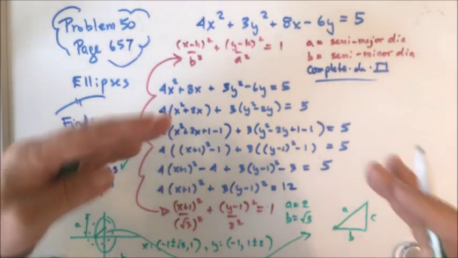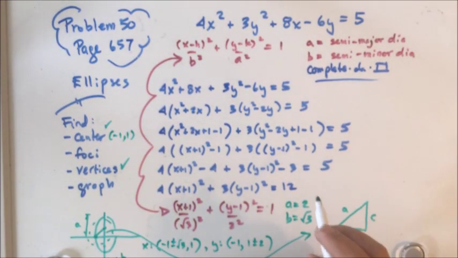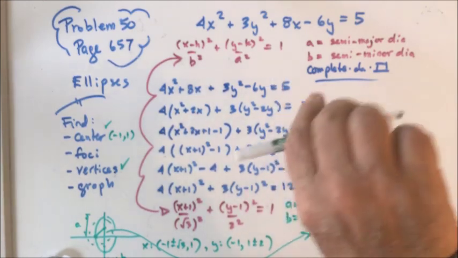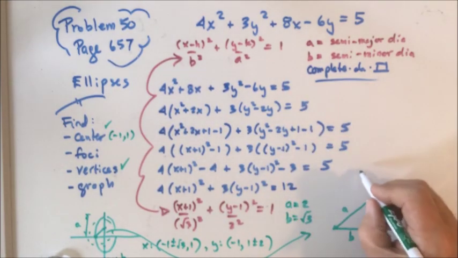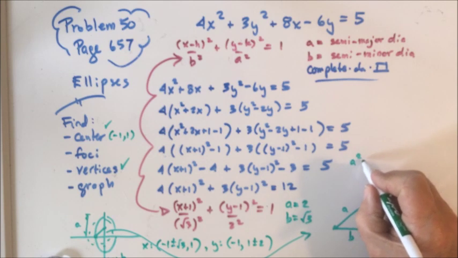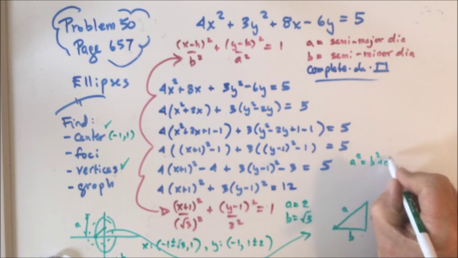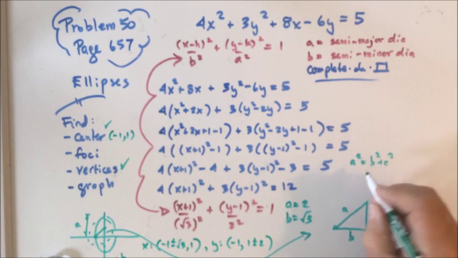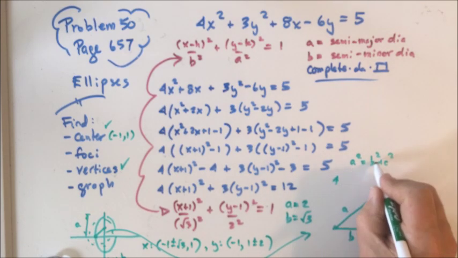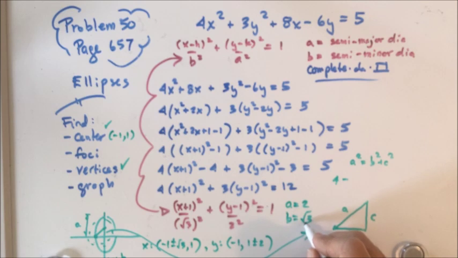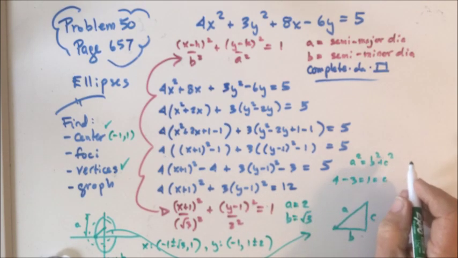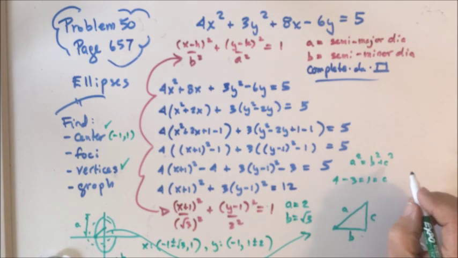So if you do these machinations, you will always end up, meaning for both orientations, football up, football on its side, with A squared equal to B squared plus C squared, right? So if you put these numbers in, you've got 2 squared is 4, minus B is root 3 squared is 3, take the square root, you got C is equal to plus or minus 1.